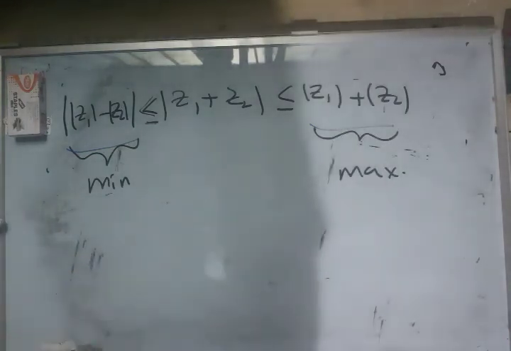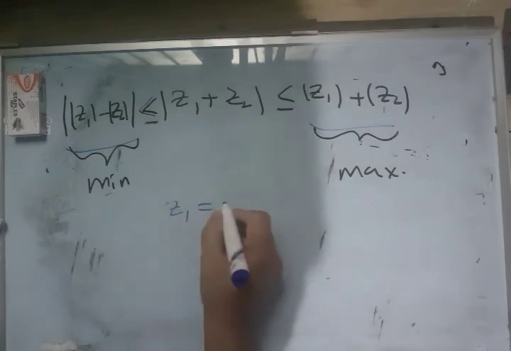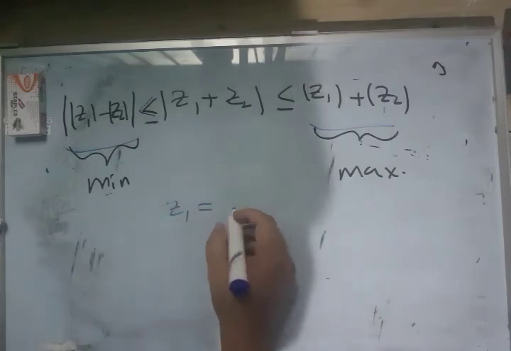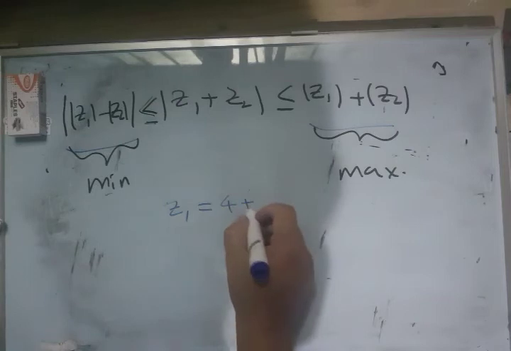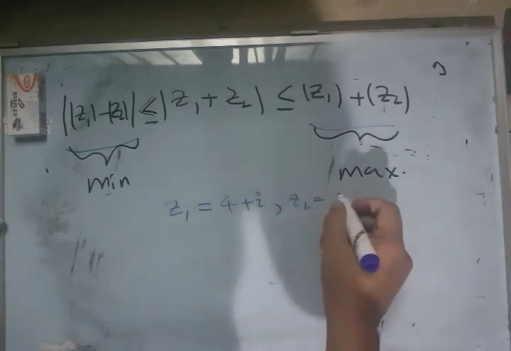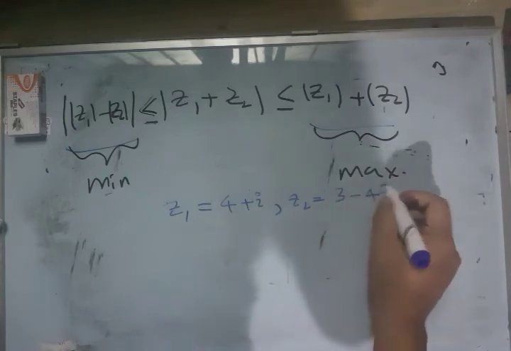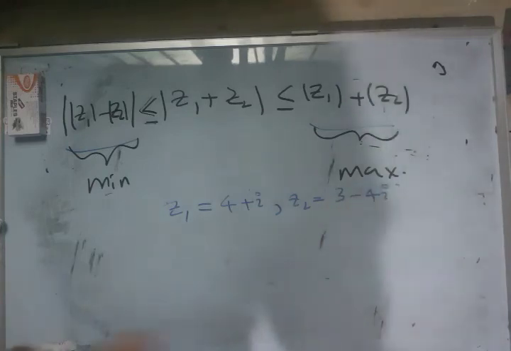Suppose that Z1 is 4 plus i and Z2 is 3 minus 4i. Let's take these two values.